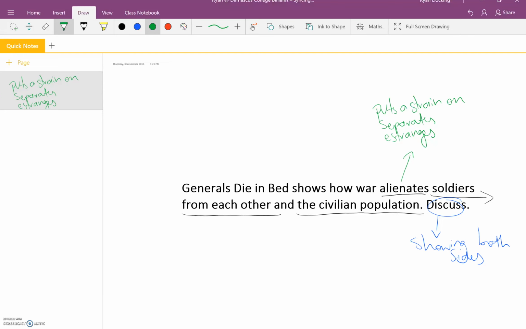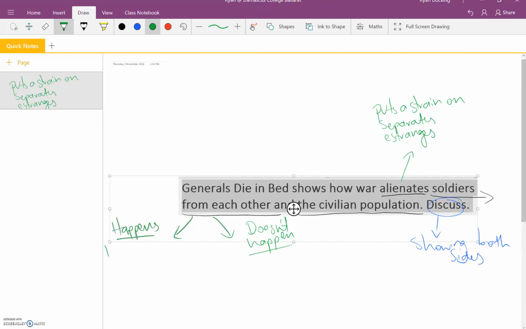Now, if we're thinking about soldiers from each other, we need to start thinking about what kinds of events or themes we might be looking at there. So, soldiers being separated from each other, let's think of cases that this happens and doesn't happen. Times that this happens, one of the biggest events that we keep coming back to is Brownie being shot.